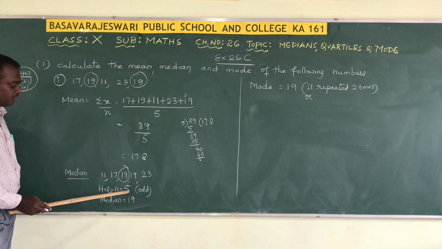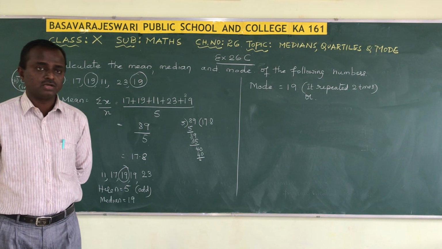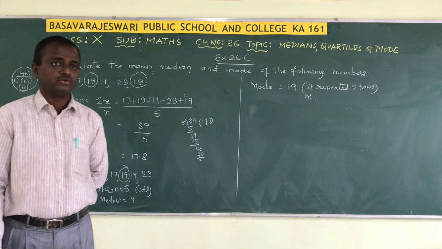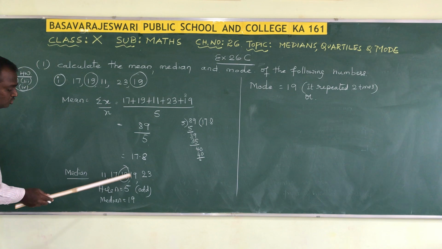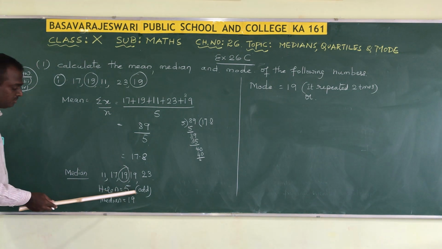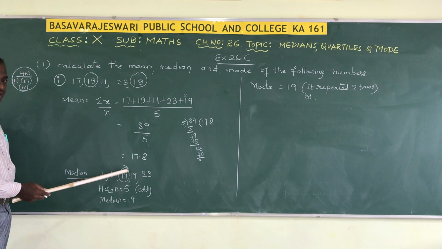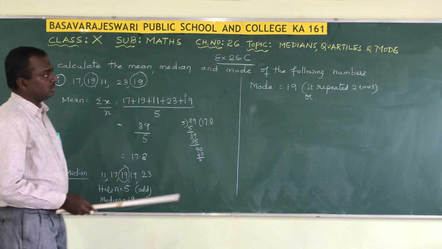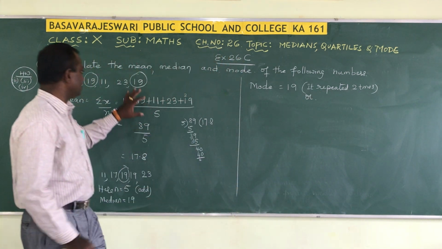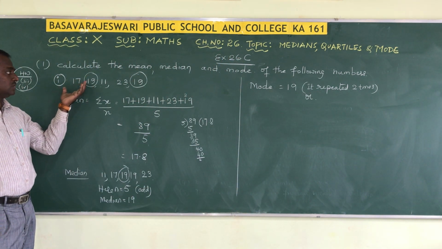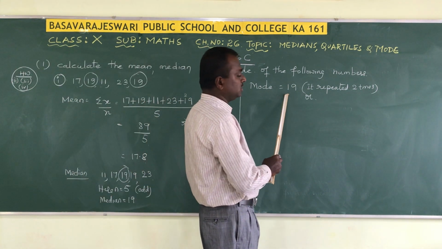Here n is equal to 5, an odd number, so we can use the formula (n plus 1) by 2th observation when n is odd, or directly take the middlemost score. For the mode, 19 is repeated 2 times, which is more than any other score, therefore the mode is 19.